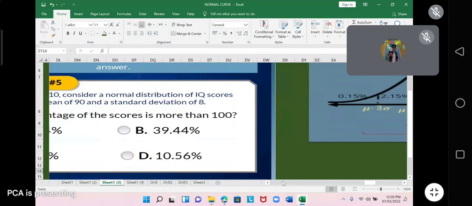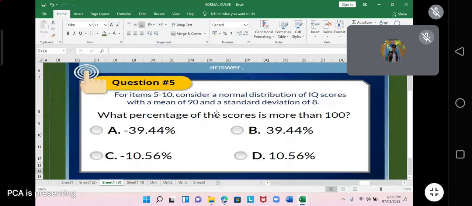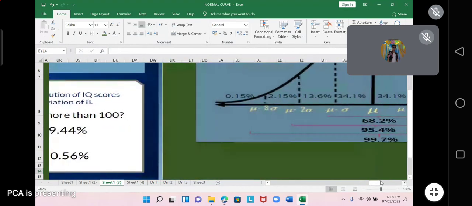Another example. So you see this one now, it has another standard deviation and another mean in the curve. Before, we were just talking about standard deviation and how it relates to the mean.